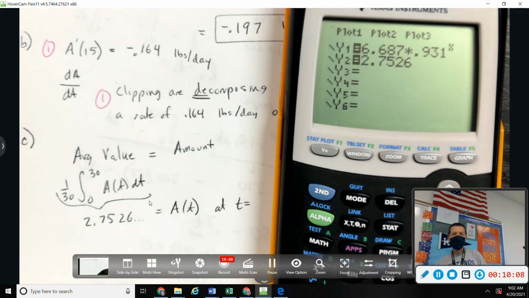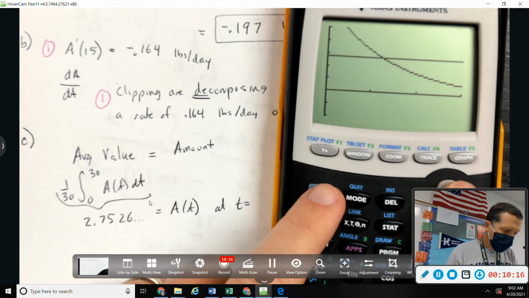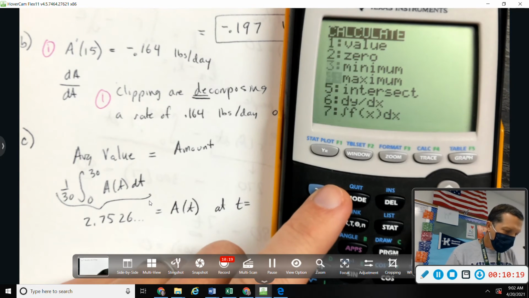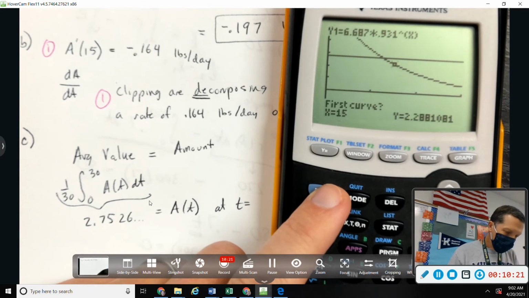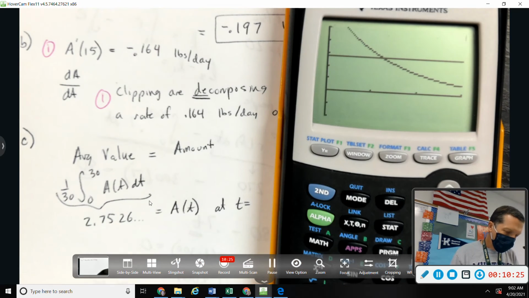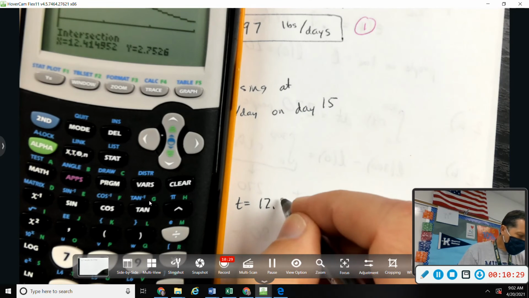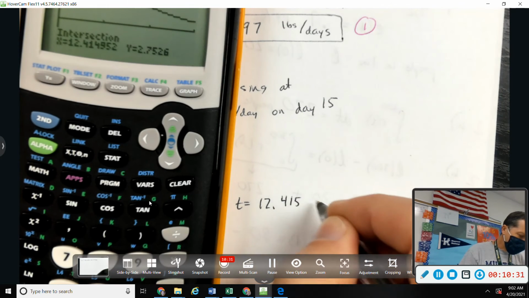I mean, I could set them equal to each other and do some algebra, and that would be fine, but I think just letting the calculator do it is the easy way to go. Second calc, intersection, first curve, second curve, guess, 12.415 days.